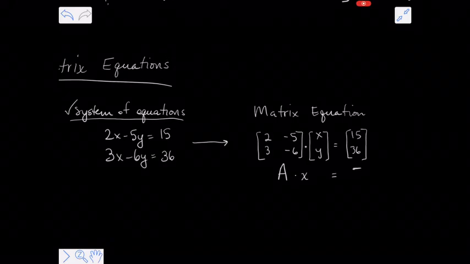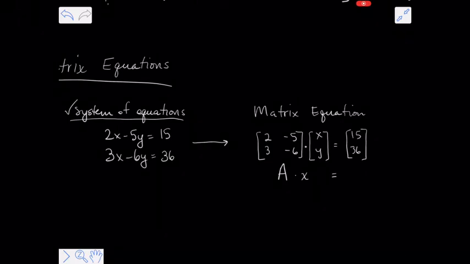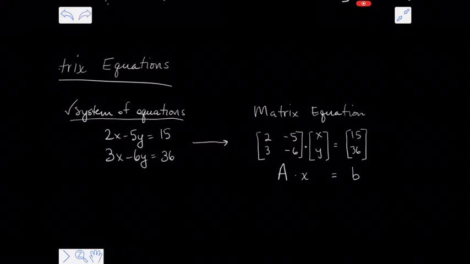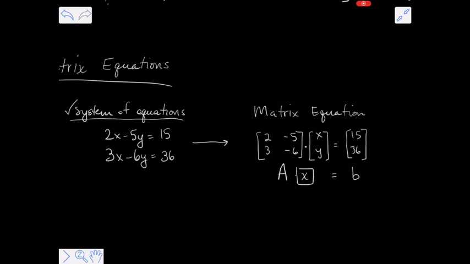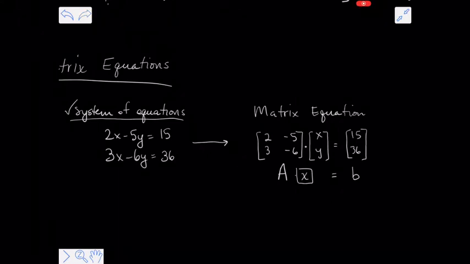And this matrix that contains the constants after the equal sign is traditionally represented using a lowercase b. Now, with a system of equations, what we're solving for are the variables. In this case, what we would be solving for is that matrix right there, which is symbolically represented by that symbol there, x. So what we need to do is get x by itself.